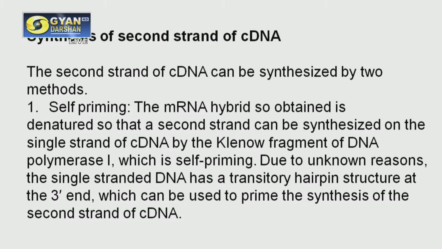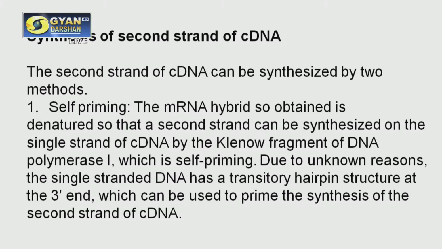The hybrid so obtained is denatured so that a second strand can be synthesized on the single strand of cDNA by the Klenow fragment of DNA polymerase I, which is self-priming. Due to unknown reason, the single-stranded DNA has a transitory hairpin structure at the 3' end, which can be used to prime the synthesis of the second strand of cDNA.